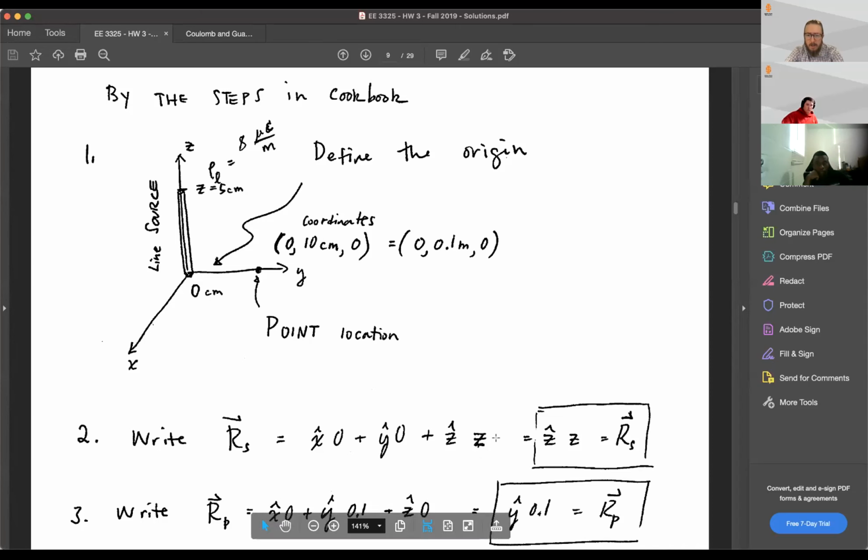And that variable amount we know is constrained between 0 and 5 centimeters. So I'll just assign it a variable so that from the origin to the source, it's some variable z.